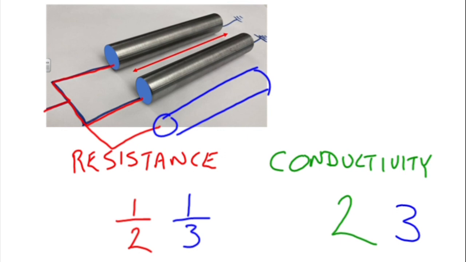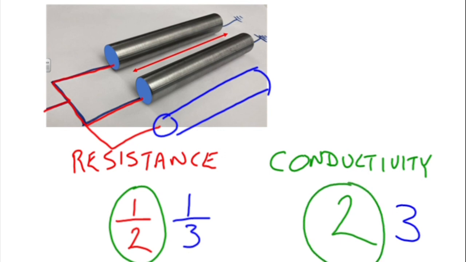Okay, so with 2 resistors, the resistance is effectively halved, but the conductivity was doubled. And with 3 resistors, the resistance is 1/3 of what it would have been if there was only one resistor, and the conductivity is now 3 times as great.